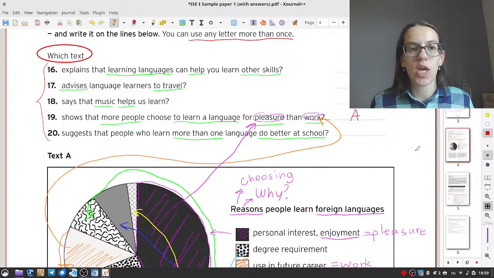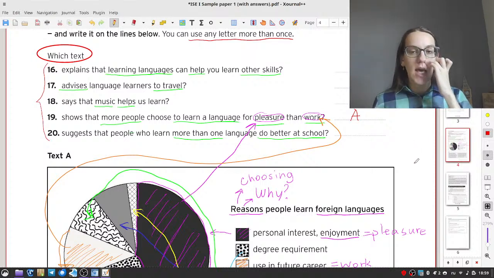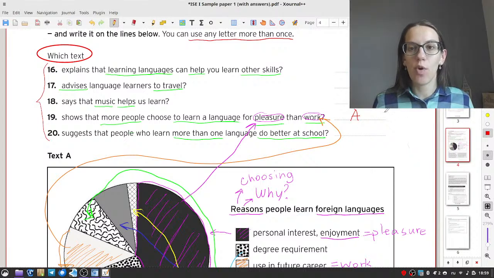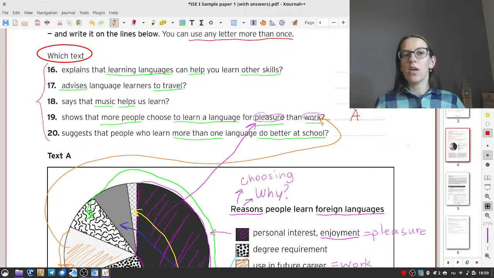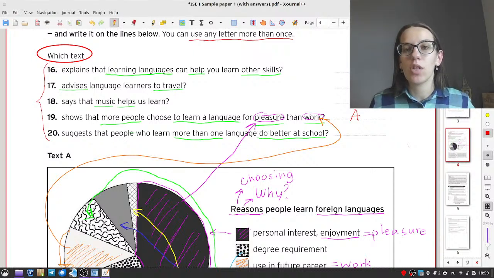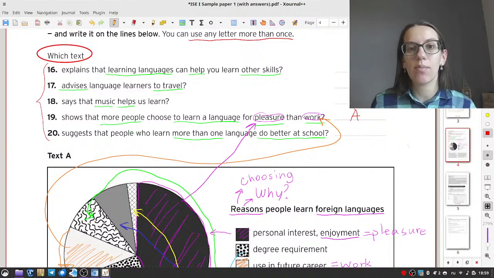And let's just check number 20. We remember that each letter can be used more than once. We can repeat letters. So if we used A, it doesn't mean that text A cannot be the right answer for any other question. In fact, it can be the right answer for another question.